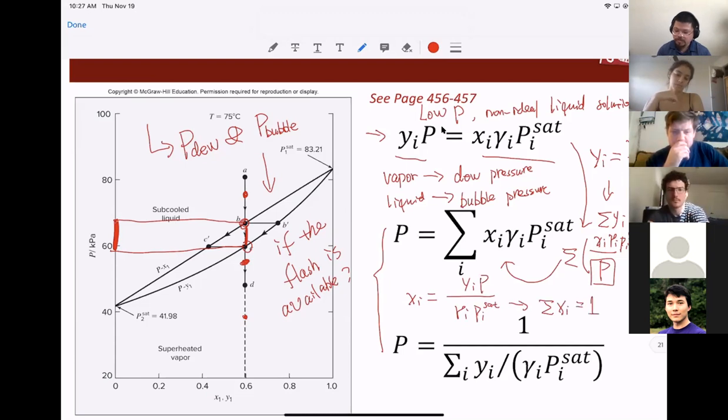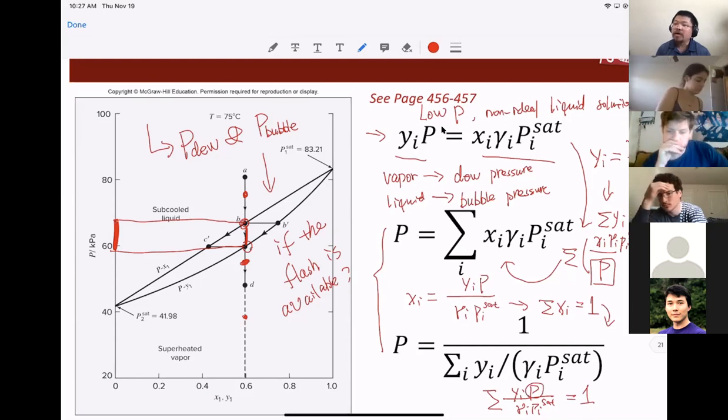This is 1, meaning I'm going to have yi P over activity coefficient pi sat, this would be 1. The pressure is a constant, so I put the pressure outside of the summation term.